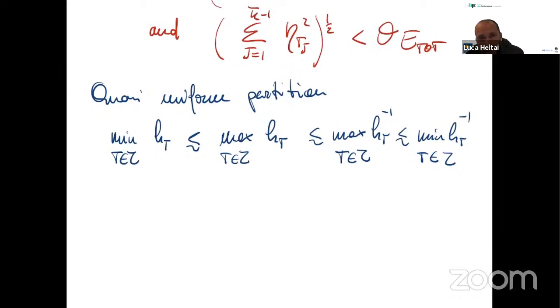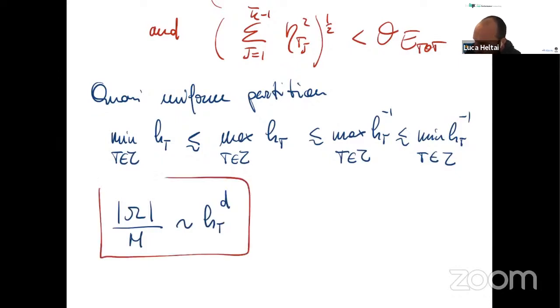And if you look at it in this way, then in particular, HT is proportional to, well, what you know is that if you take the measure of omega and look at the number of cells that you have, not the number of degrees of freedom in this particular case, but the number of cells, this is proportional to HT to the power D. And this is for uniform triangulations, right?